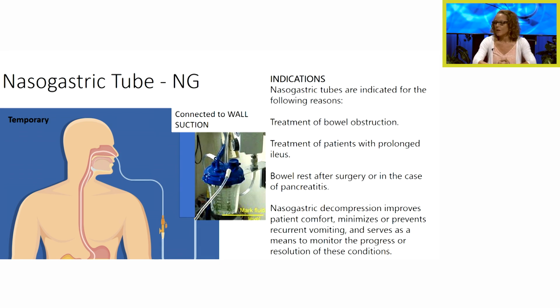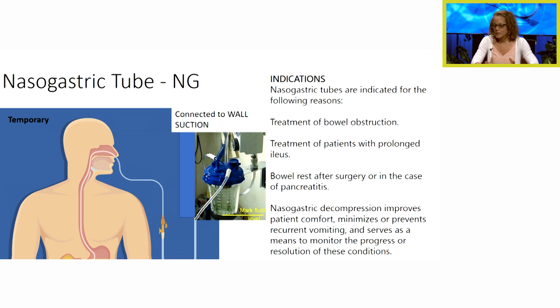Again, we'll have to place an NG tube down during the time that the ileus is taking place. Sometimes the bowel obstruction will be relieved on its own. The ileus will go away on its own. The patient will start passing gas again, having bowel movements. We can remove the NG tube and we can discharge the patient.